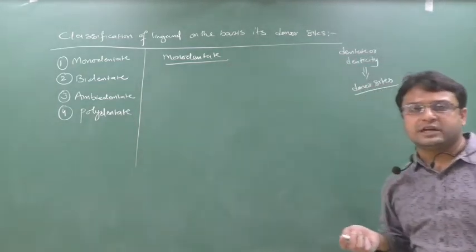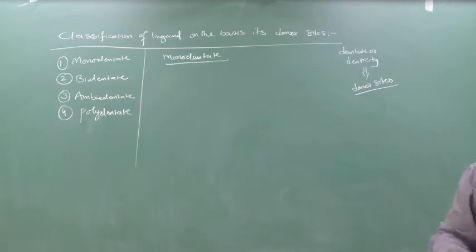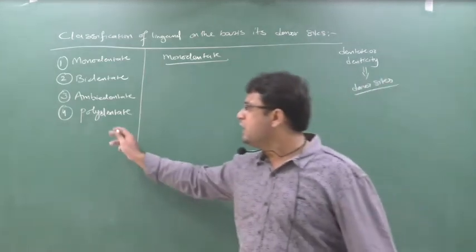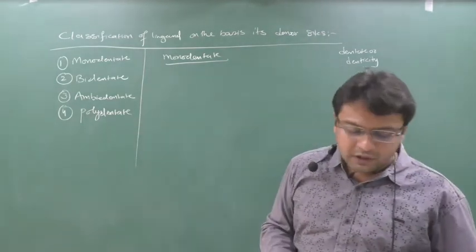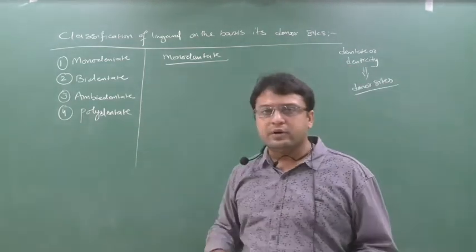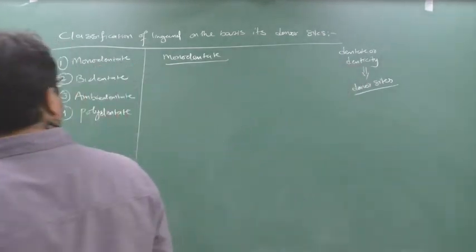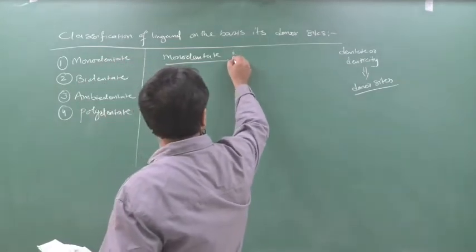If there are two donor sites, bidentate. Three donor sites, tridentate. Four donor sites, quadridentate, or five, then we say polydentate, and hexadentate is also an important one which comes under polydentate. So more than two is a case for polydentate. Clear this part?